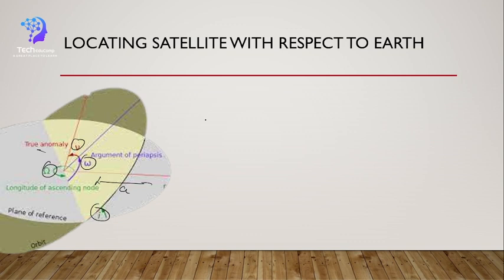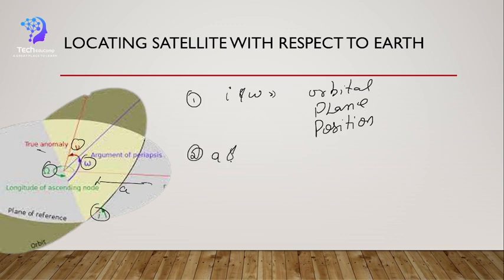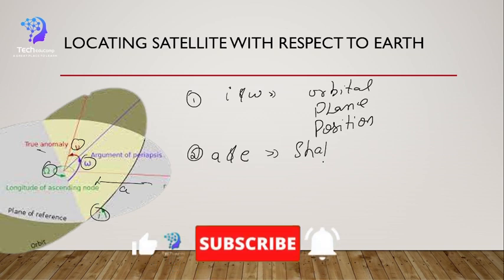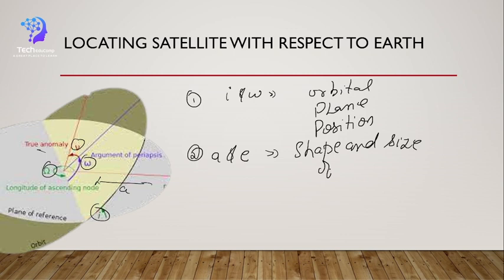Okay, so i and Omega are used to tell the orbital plane position. Second, a and e, which are the length of the semi-major axis and the eccentricity, tell us the shape and size of the orbit.